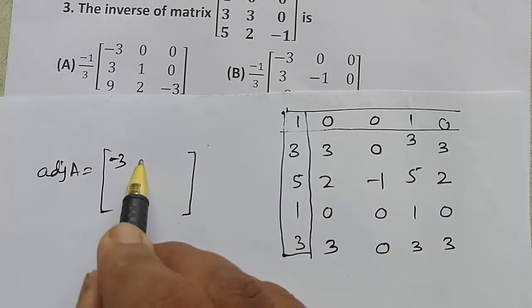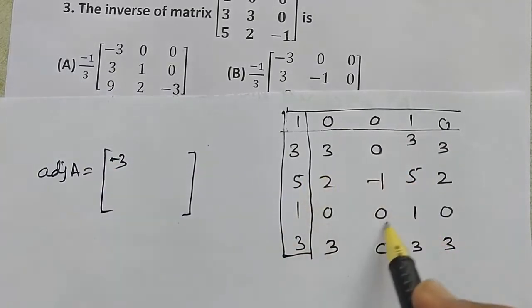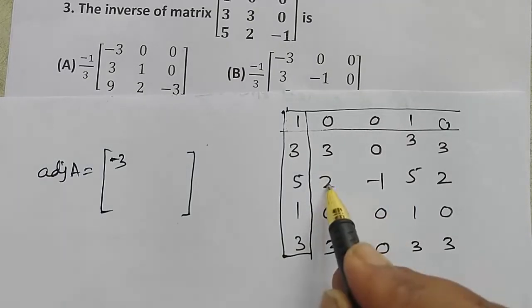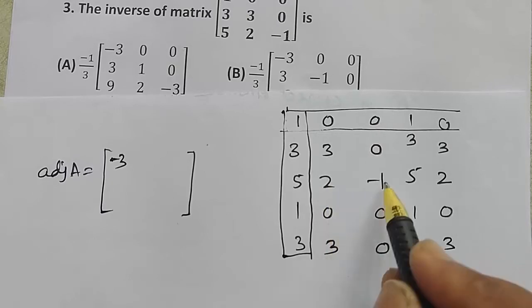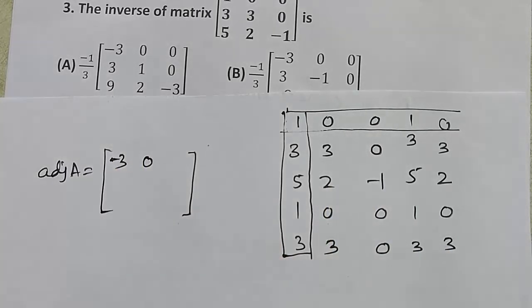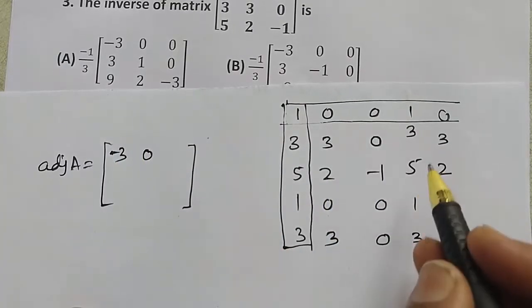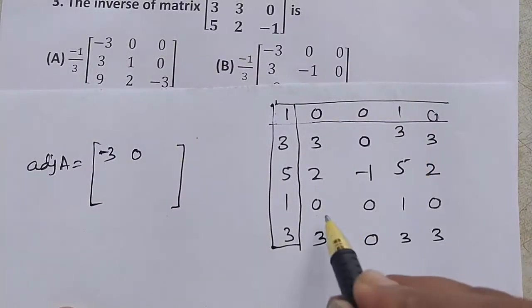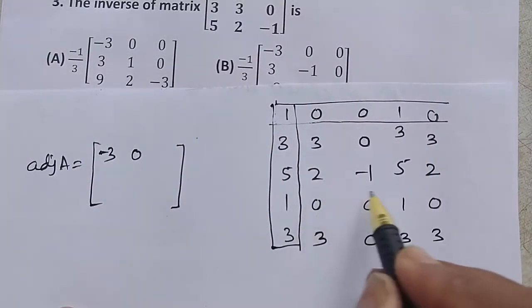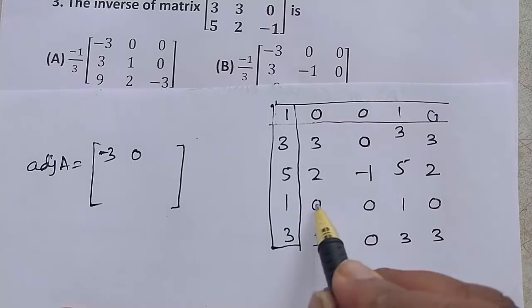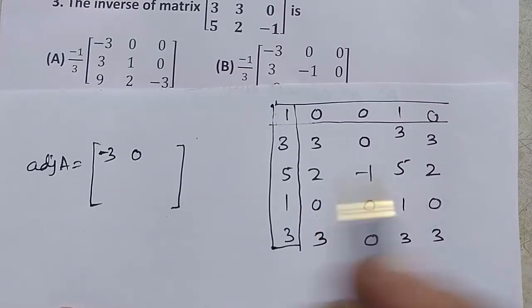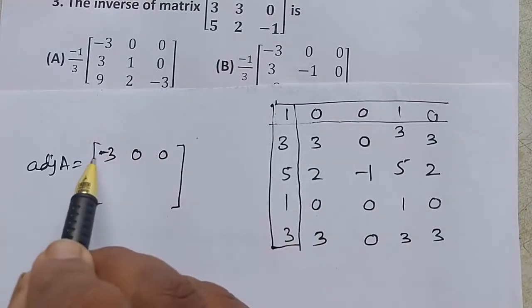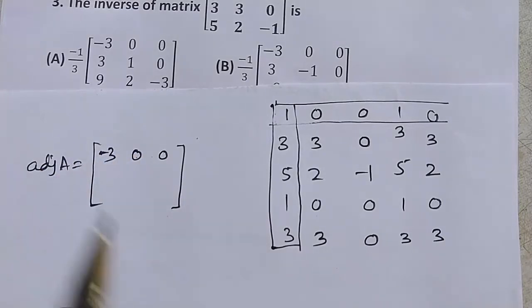The second element of the first row is this determinant. So we evaluate this: 0 into 2 is 0, 0 into minus 1 is 0, so the second element is 0. Now for the third element, we take this determinant: 0 into 0, 3 into 0 is 0. The first row is minus 3, 0, 0.